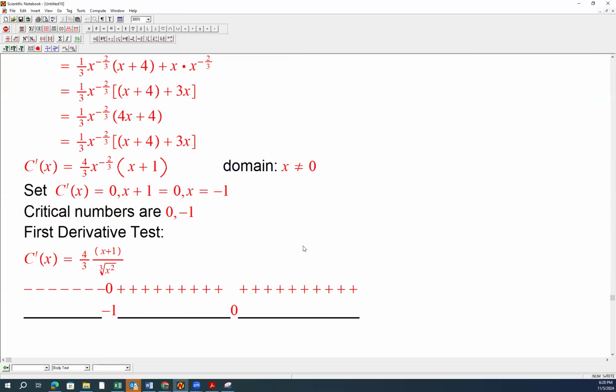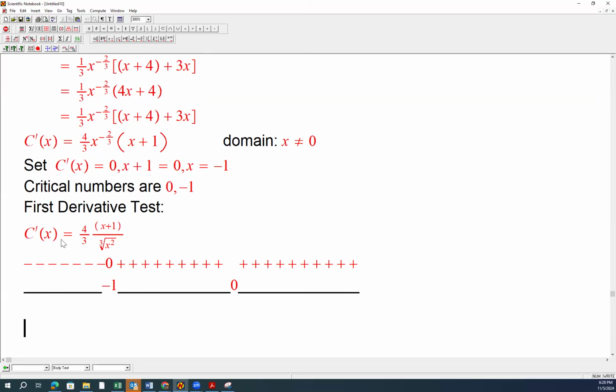Okay, so let's make the statement of the first derivative test. We're talking about the critical numbers. The first derivative changes from negative to positive at -1.